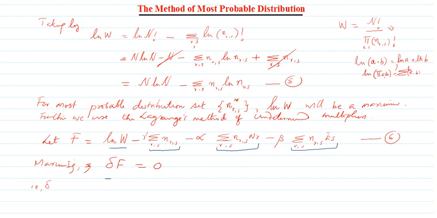I can just write this one. So delta of, I am writing n log n. For log w, I am substituting equation number 5.